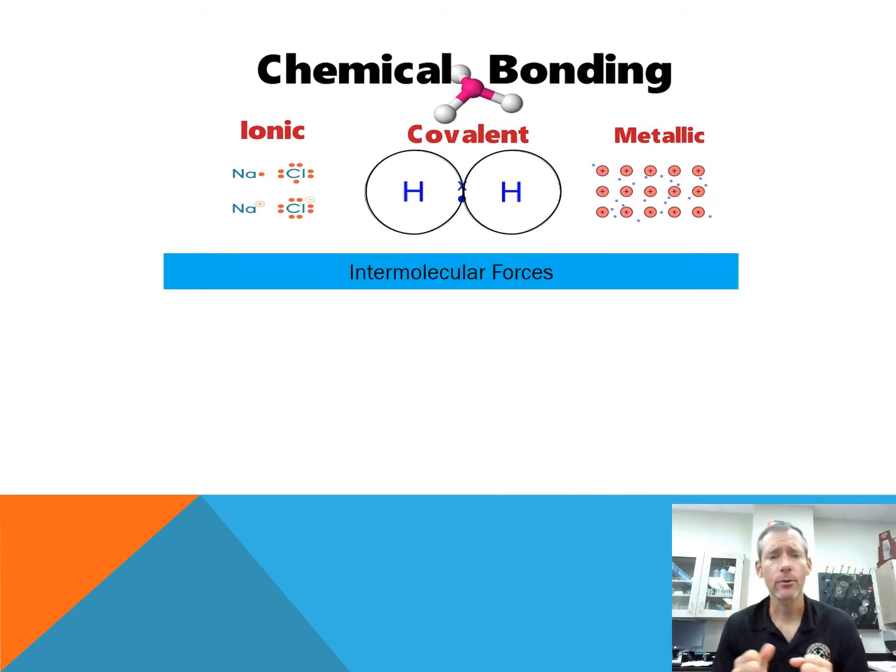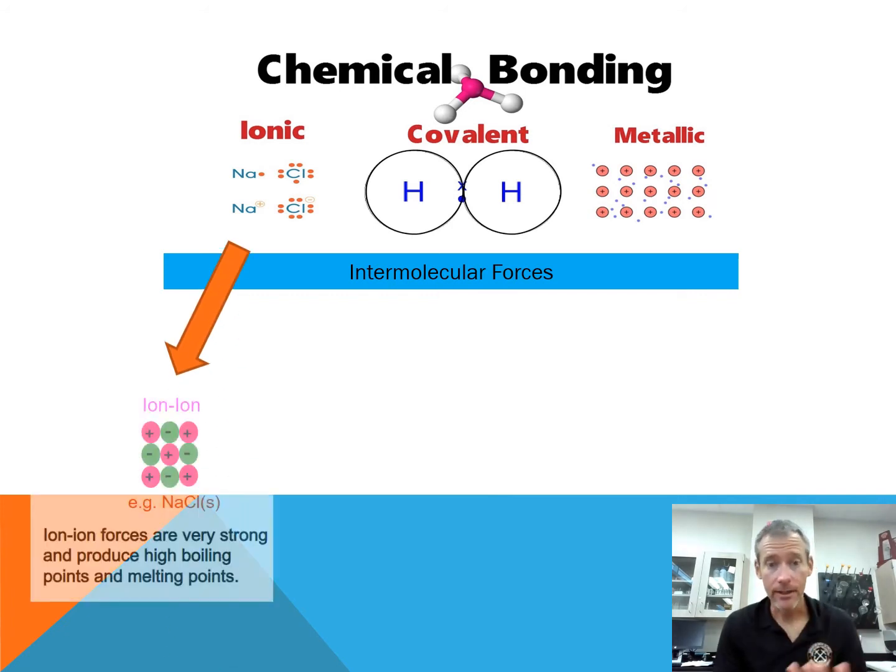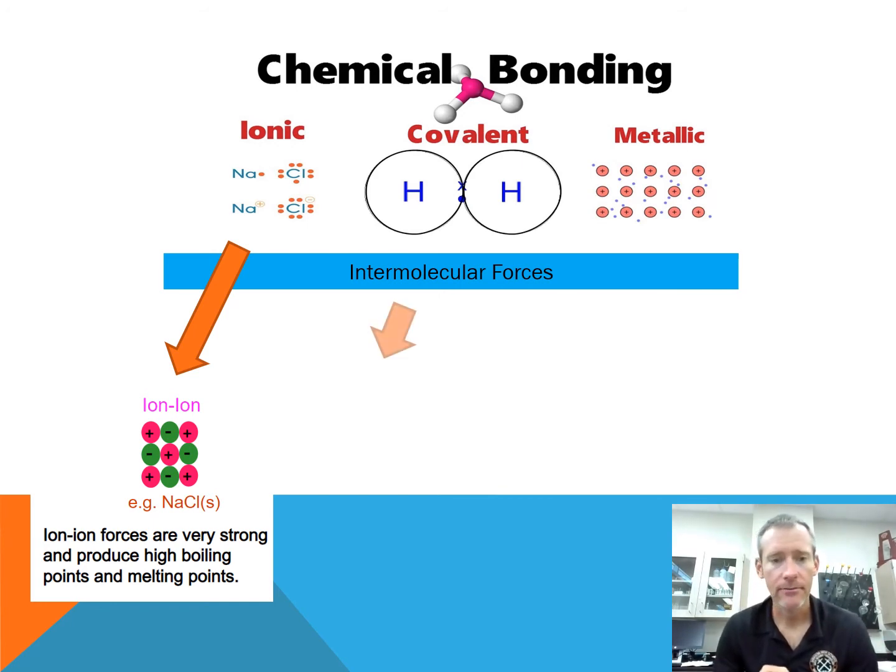These are the forces that hold the molecules together, not the bond, but the force that holds molecules together. So in ionic bonding, you have an ion-ion force. That strictly is the positive and negative charged atoms, and it's very strong. That's why you have high boiling points and high melting points. It's one of the strongest intermolecular forces, ion-ion.